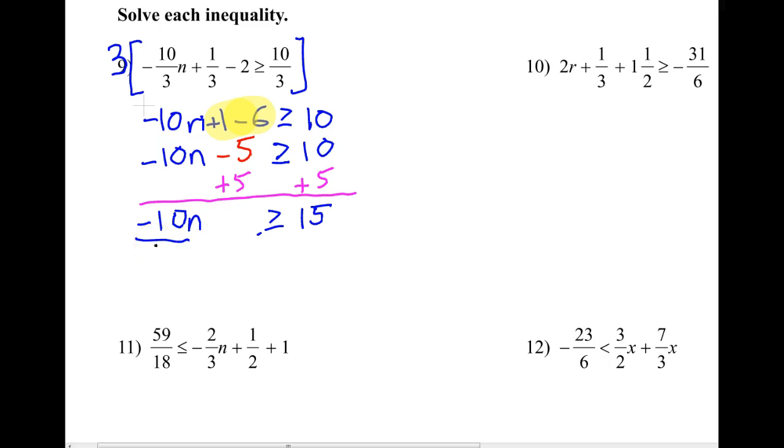Divided by negative 10. Flip the sign. And reduce this. We can divide top and bottom by 5, right? Yeah, 3 over 2.